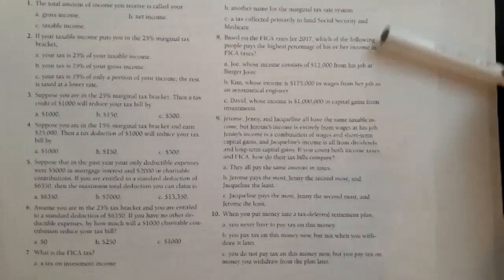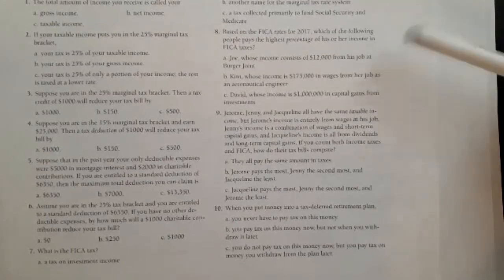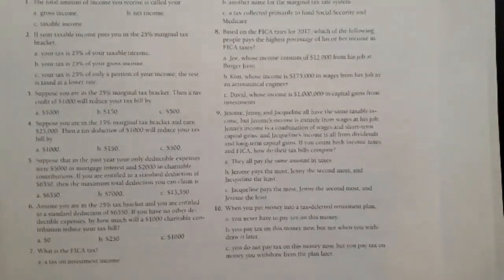The guy that's getting $1 million doesn't pay anything, so you're thinking between A and B. And I didn't hear what you said because it kind of cut out a little bit. Is it B again? Kim has a job where she makes $175,000 in wages as an aeronautical engineer.